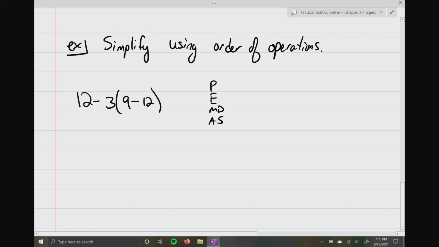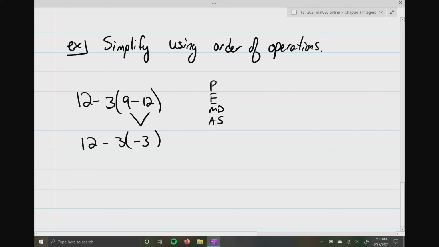Remember the order of operations: parentheses, exponents, multiplication and division are in the same level. Therefore, they're equally important. It's just you do them from left to right in the order they appear, and the same for addition and subtraction. So we have parentheses, so we need to do that first. So I'm going to rewrite everything exactly how it looks, except 9 minus 12 is going to be negative 3.